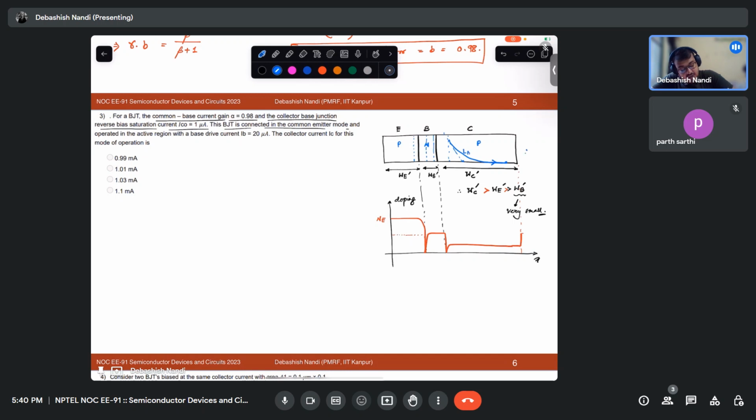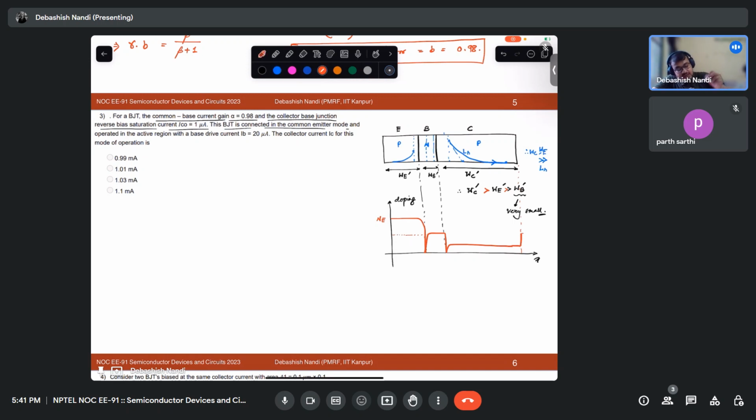So you want WC and WE both to be much greater than your Ln. Here there will also be an electron diffusion. Okay, so that you can transfer more amount of current from the emitter to collector, so that all of your excess electrons recombine in the collector itself. So this is the main reason.